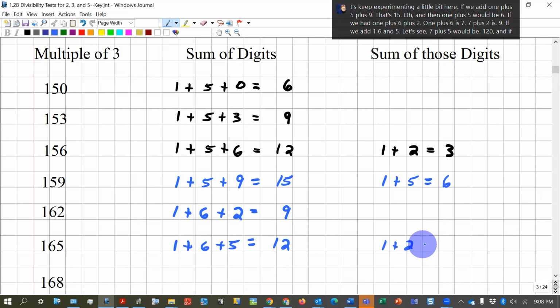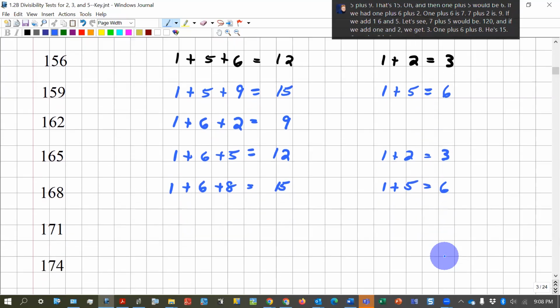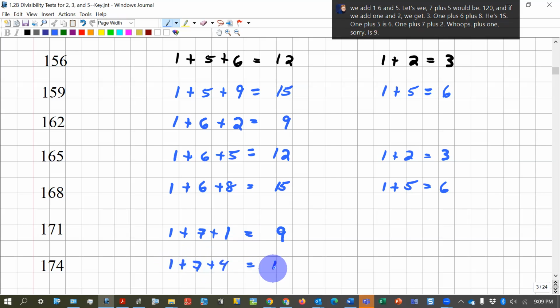And if we add 1 and 2, we get 3. 1 plus 6 plus 8 is 15. 1 plus 5 is 6. 1 plus 7 plus 1 is 9. 1 plus 7 plus 4 is 12.